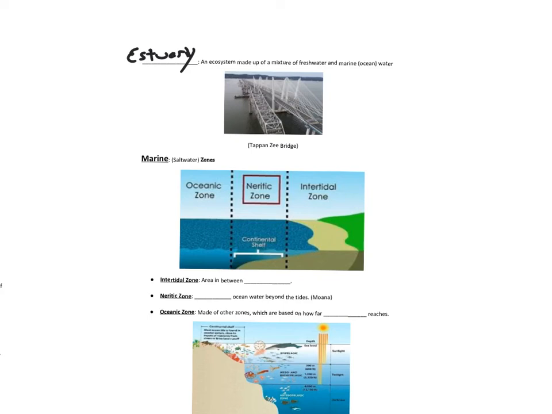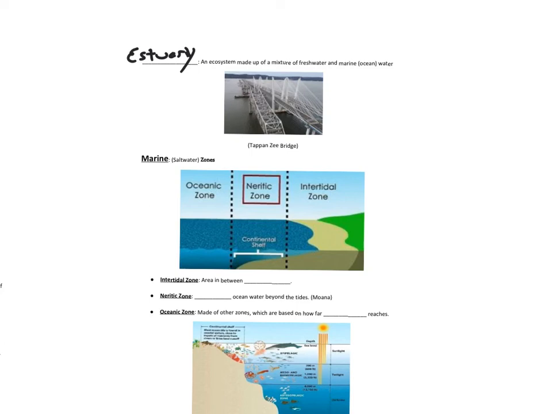It turns out that some minimal damage was done, but the integrity of these ecosystems has lasted, and a lot of the animals that live only specifically in areas where there's salt and fresh water, they're still there and they're still thriving. The Tappan Zee Bridge is an area where the fresh water from the Hudson River coming down from northern New York State meets up with the ocean water that lets in from the New York City area. So we have an estuary in our backyard, so to speak.